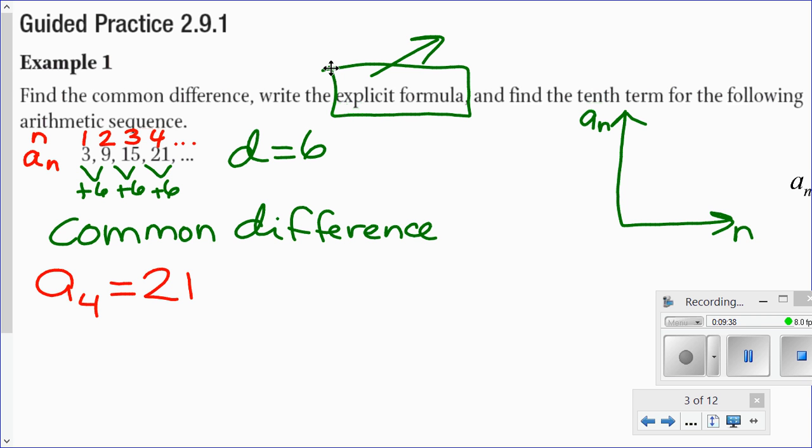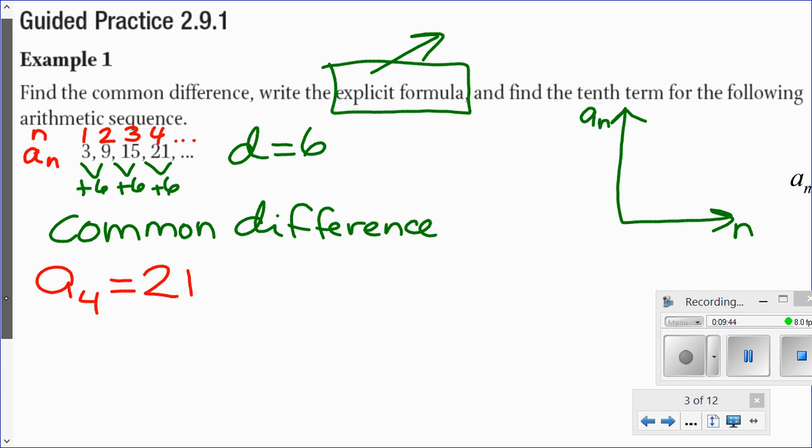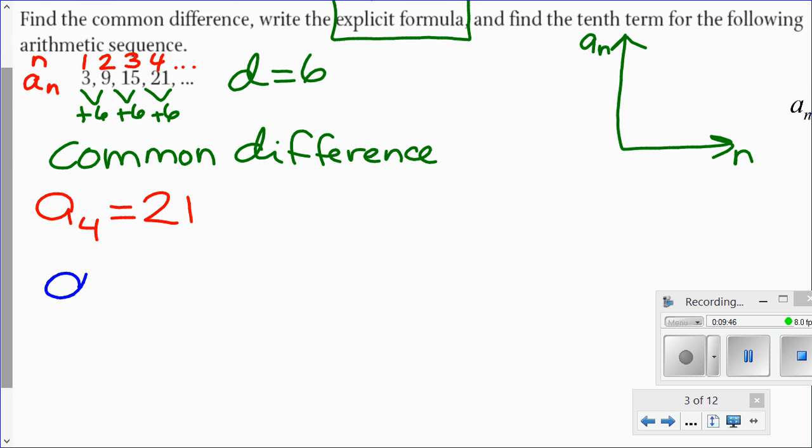And the way we find the common difference, so to find the common difference, we take a sub 2, which is the second term in the sequence, and we subtract a sub 1. We take the second term, subtract the first one, and that tells us the difference between the numbers, right?